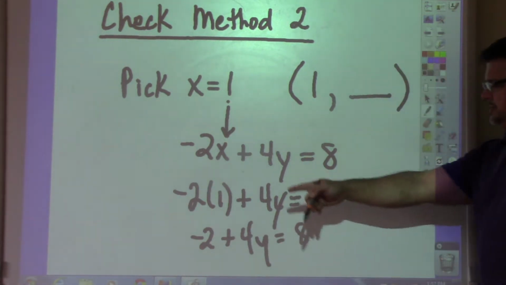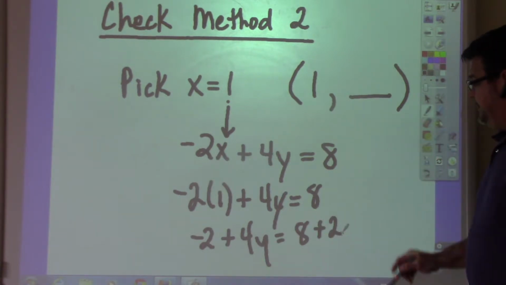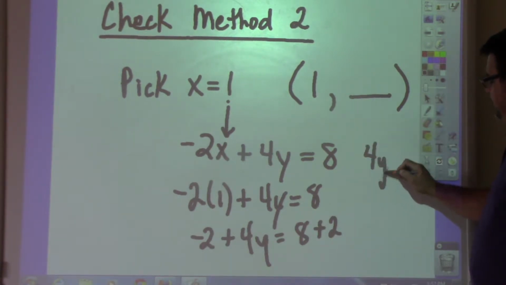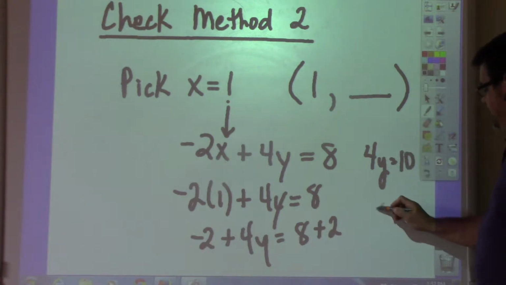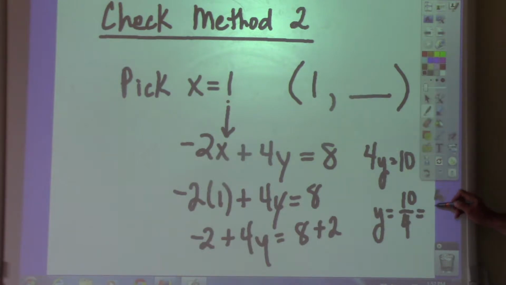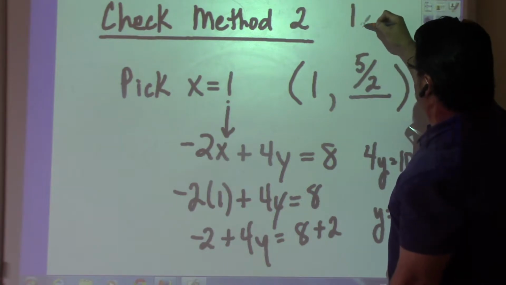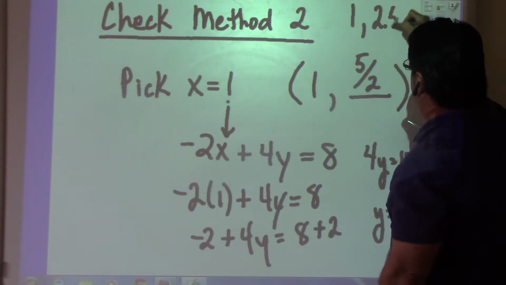And what do I do with that 2? And that'd be a plus 2. And 4y is equal to what? 10. Y is equal to 10 divided by 4, which is equal to what? 5 over 2. So what is my y? 5 halves, which that's 1 and 2.5.